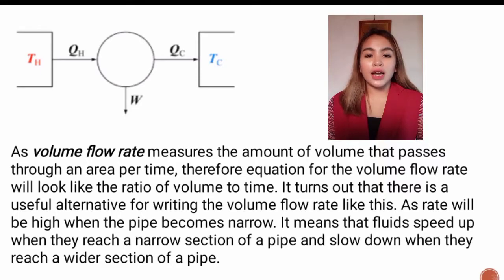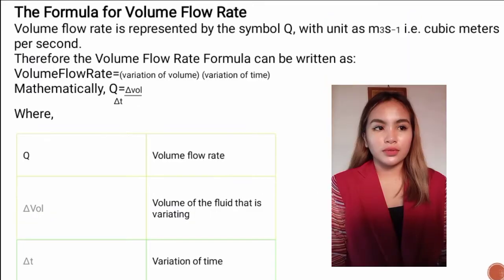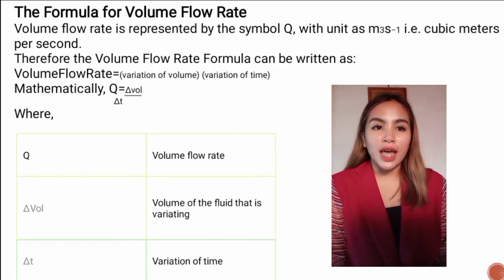It turns out that there is a useful alternative way of writing the volume flow rate. The rate will be high when the pipe becomes narrow, which means that fluids speed up when they reach a narrow section of a pipe and slow down when they reach a wider section. Volume flow rate is represented by the symbol Q, with unit cubic meters per second.